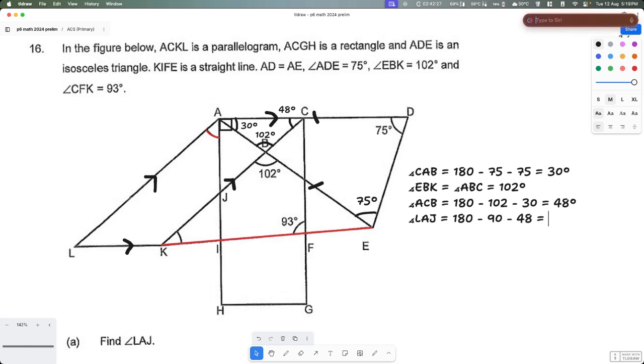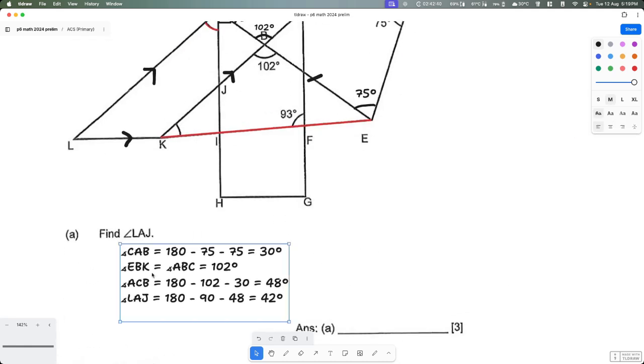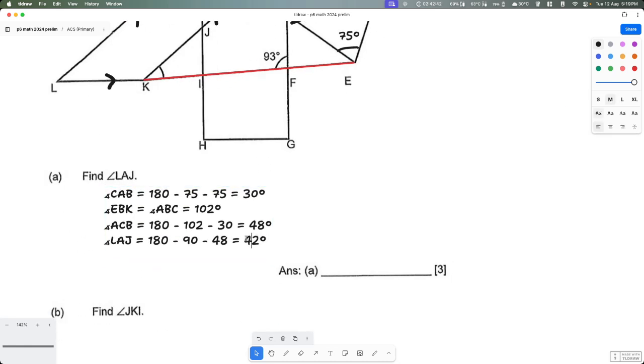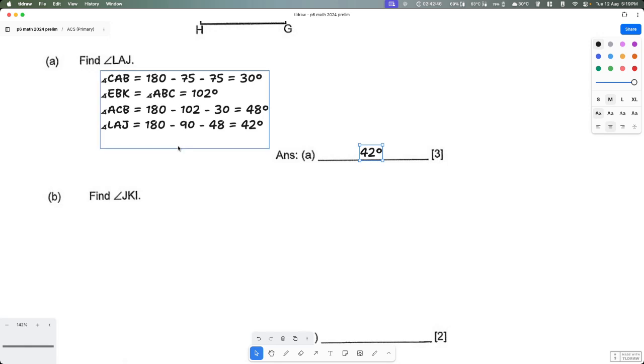Okay, and this will give us 42 degrees. So I see over here, angle LAJ is 42 degrees in this case. And yep, that's about it. Okay, let's move on to part B.